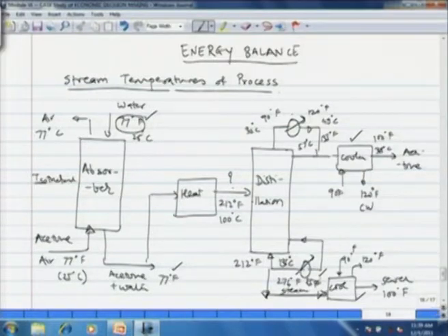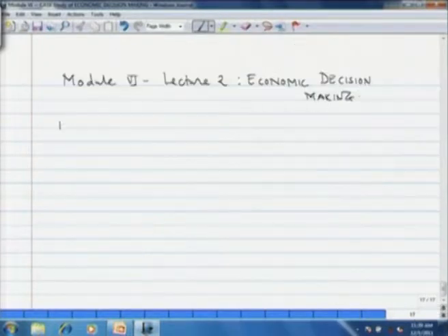The next stage is to determine the heat load.